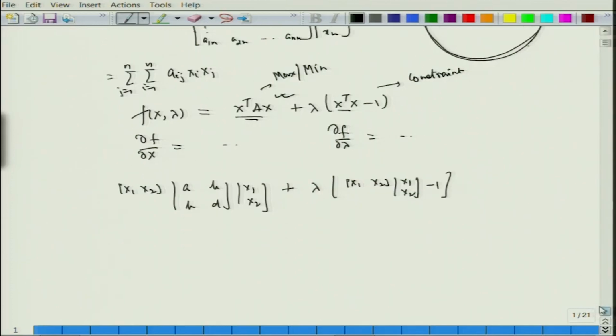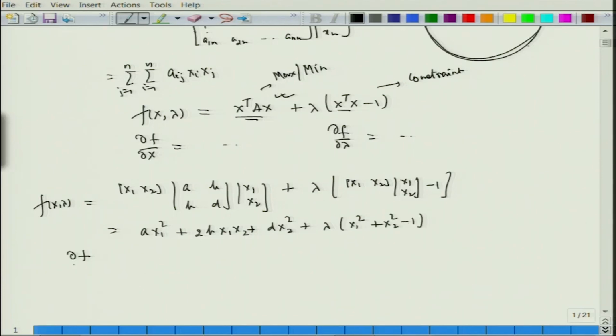I want to look at this function f of x and lambda. I can rewrite it as a x1 square plus 2b x1 x2 plus d x2 square plus lambda times (x1 square plus x2 square minus 1).